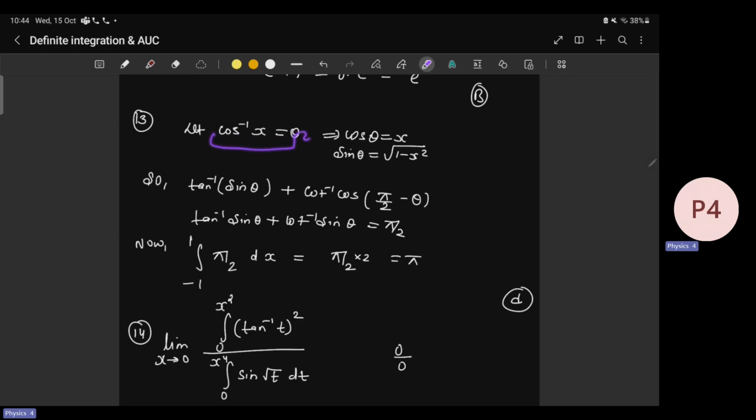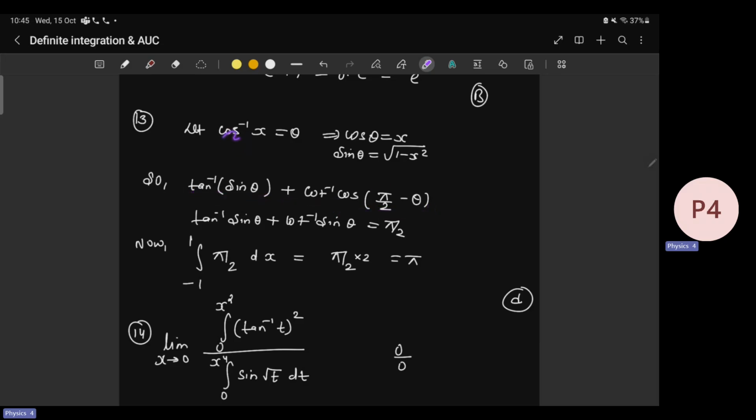So cos inverse x is theta, cos theta equals x, all right. Then sin theta equals root of 1 minus x square. This we already know. Now the expression has been reduced to tan inverse sine theta plus cot inverse cos of pi by 2 minus theta.